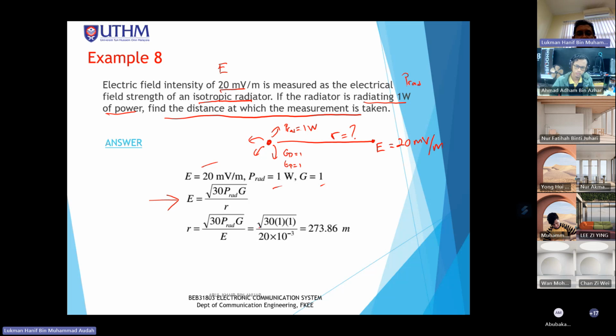So we put in the parameters: square root of 30 times 1 watt of radiation power times gain 1, divided by the electric field, and we get 273.86 meter. So the distance is 273.86 meter.